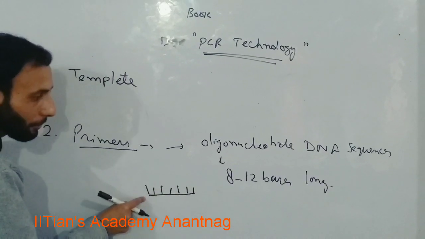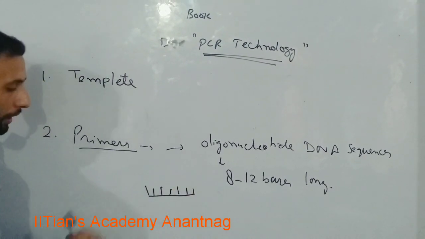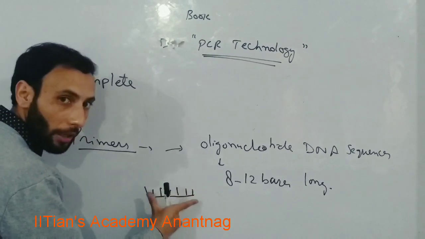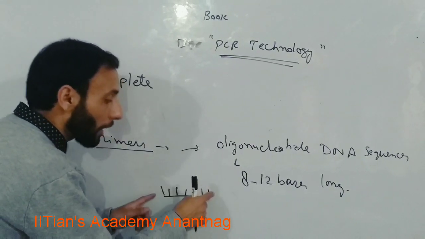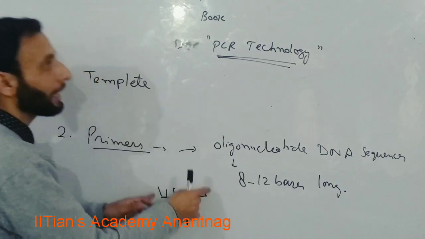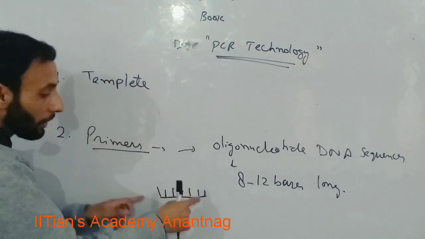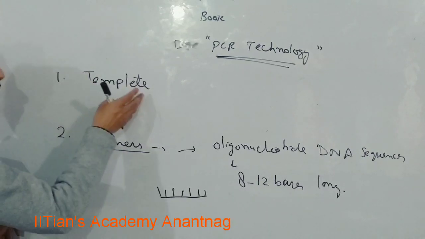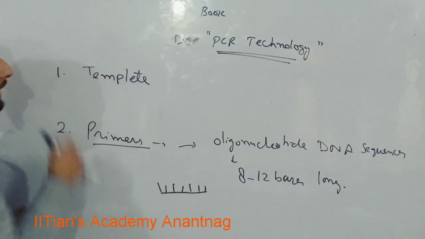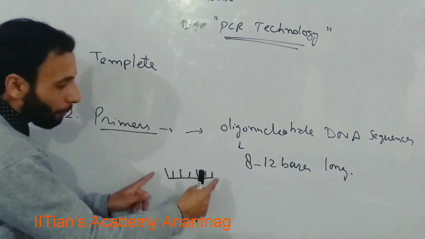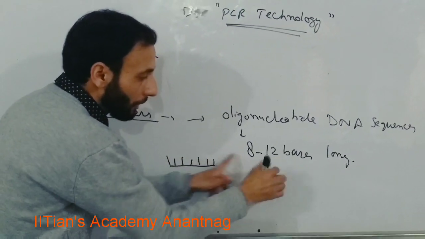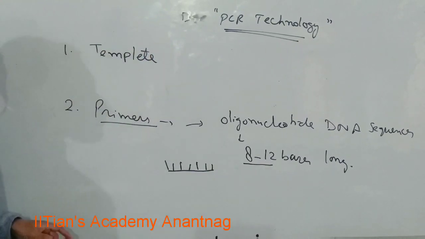The length of these primers should be neither too long nor too short. They should not be too short, so that they are unable to attach to the template DNA, nor too long, so that they take longer to attach to the template. So they should preferably have a smaller length, usually in the range of 8 to 12 bases.